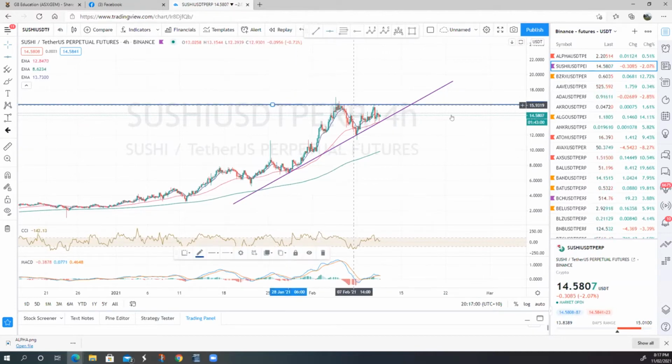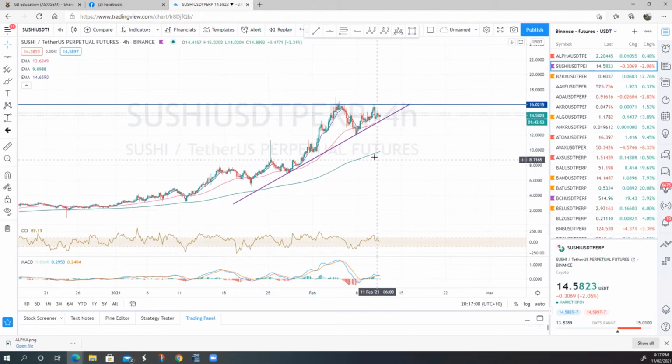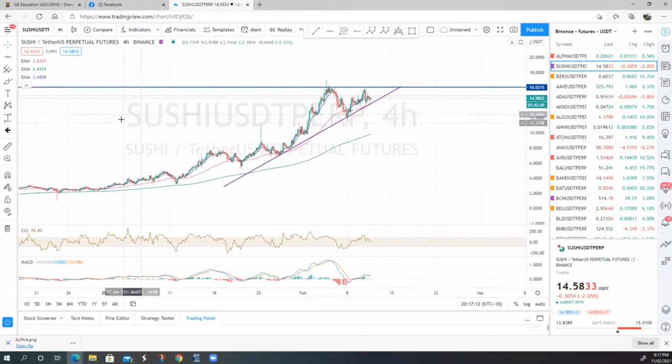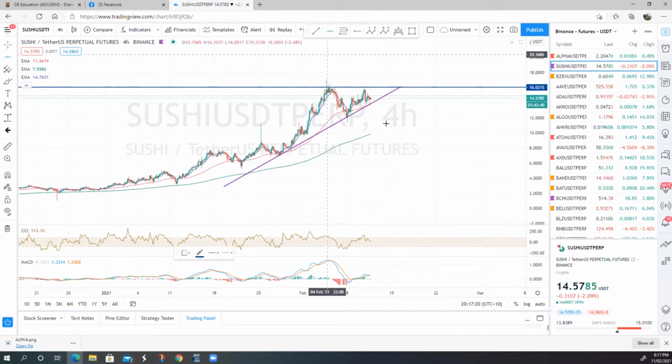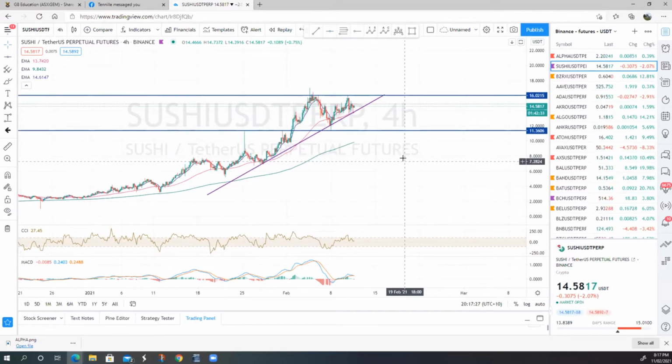We've actually got a bit of an ascending triangle as well. We've also got a bit of resistance there.